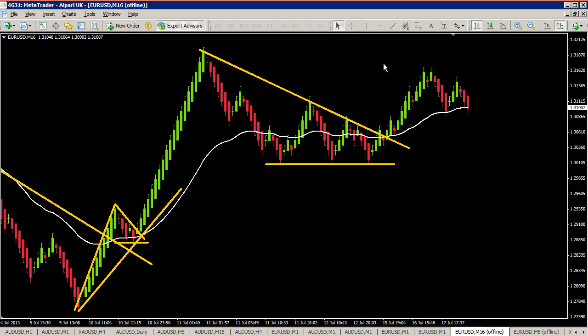Any ideas? Any ideas? What could we do here? Exactly, yeah. We go to the M6 chart and look if we can find an entry there.